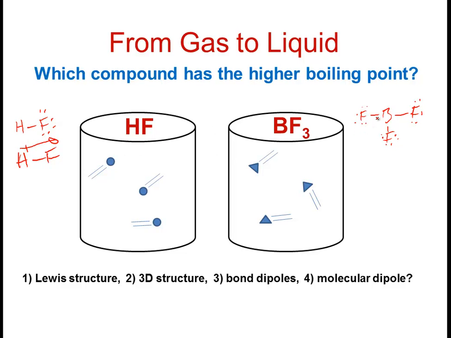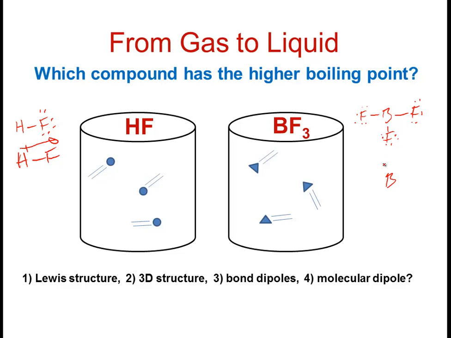Now, what about boron trifluoride? If you look at the central atom, you see that it has 3 electron domains, no non-bonding domains. So whenever an atom has 3 electron domains in total, let's see if you can draw the most stable 3-dimensional structure.